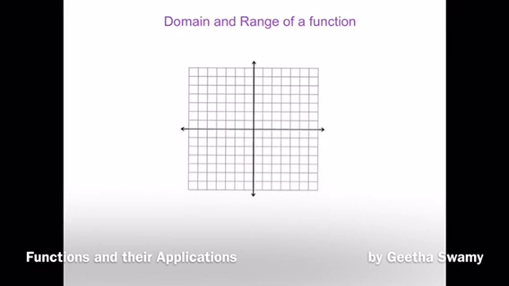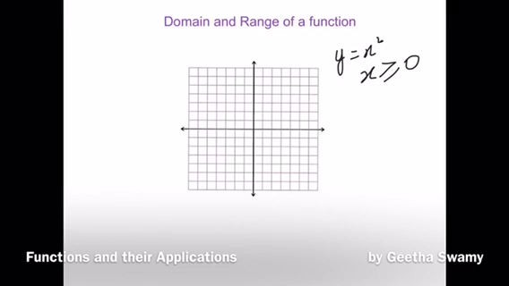To fully define a function, we need a rule and a range of values of x, which is called the domain. The range of values in the output or the y values of the function is called the range. Now let us consider the function y is equal to x squared for all positive values of x only, so that x is greater than or equal to 0.